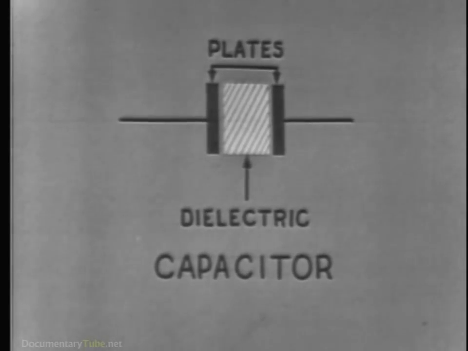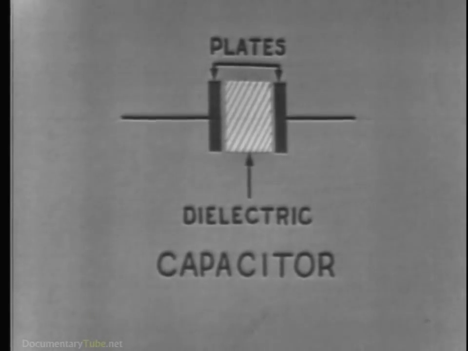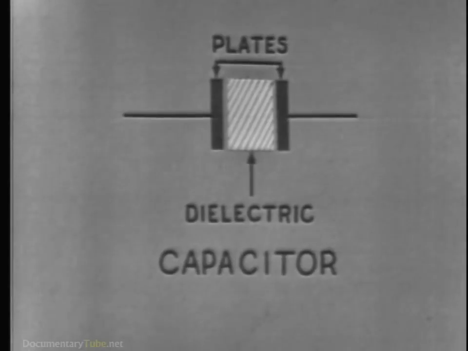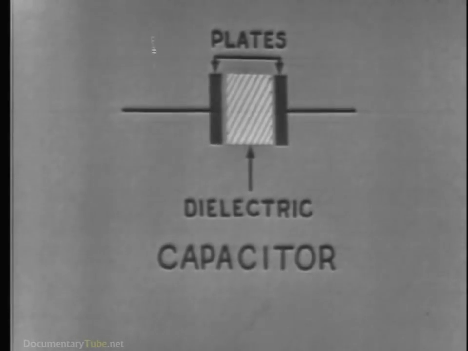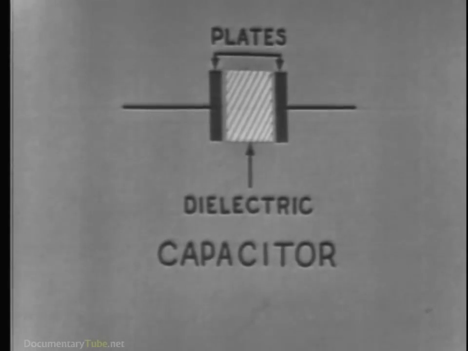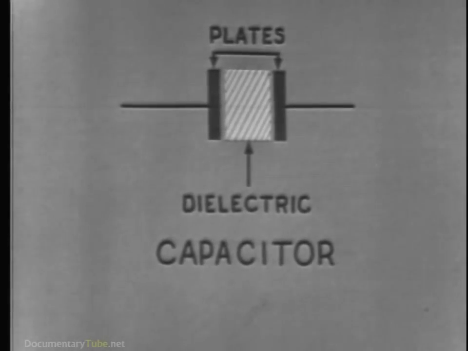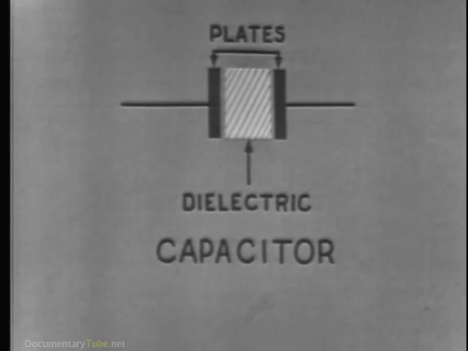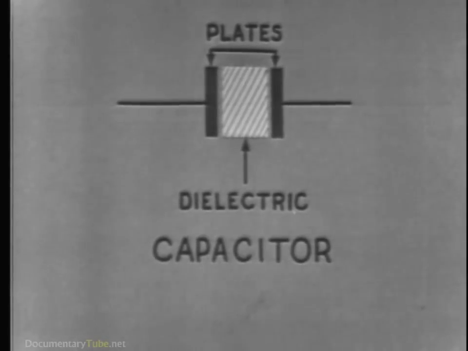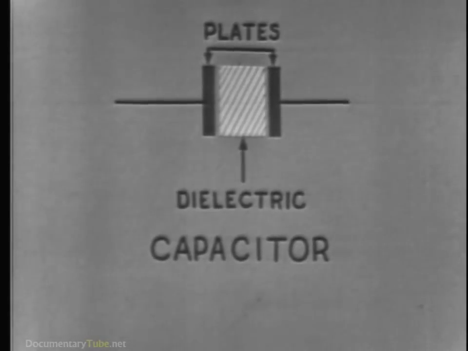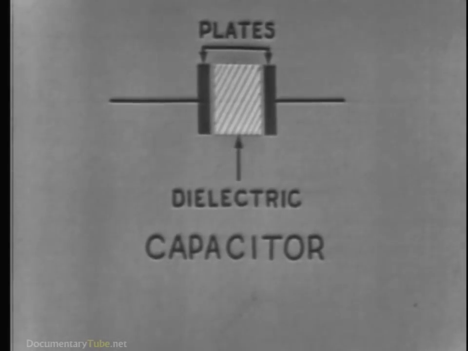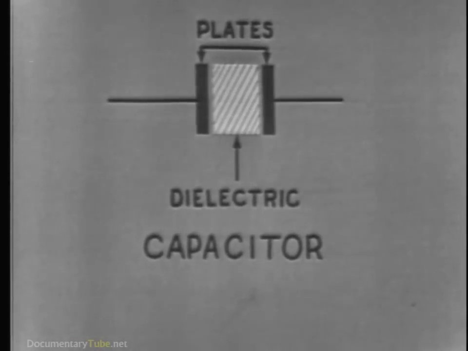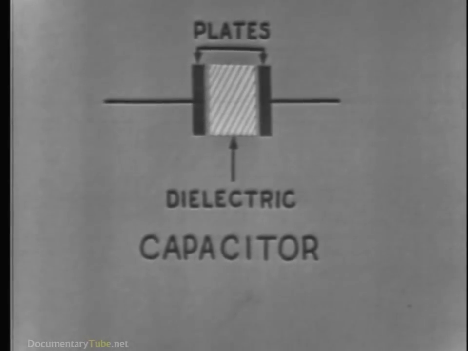The capacitor will appear in many varied shapes and sizes. But regardless of its physical size or shape, you can be sure that it consists of two plates separated by a dielectric. Dielectric is the term applied to the insulating material between the plates of a capacitor, while the plates themselves are of a conductor material.